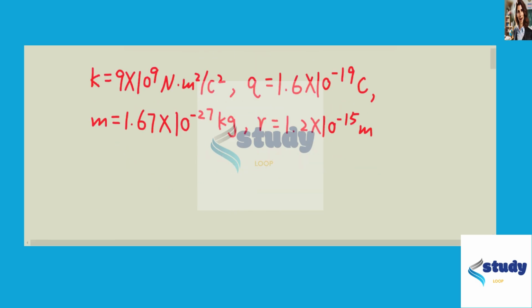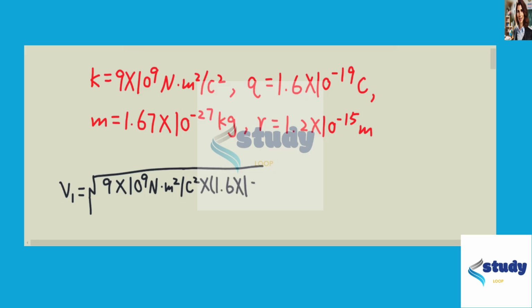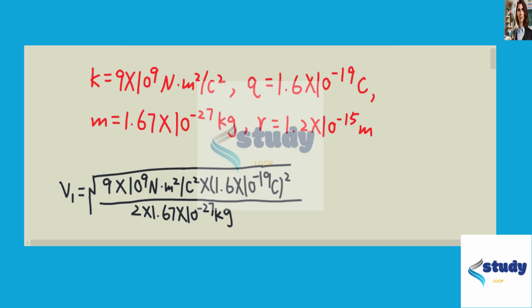So we can determine v1 is simply equal to the square root of 9 times 10 to the power 9 Newton meter squared per Coulomb squared, times 1.6 times 10 to the power negative 19 Coulomb squared, over 2 times 1.67 times 10 to the power negative 27 kilogram, times 1.2 times 10 to the power negative 15 meter.